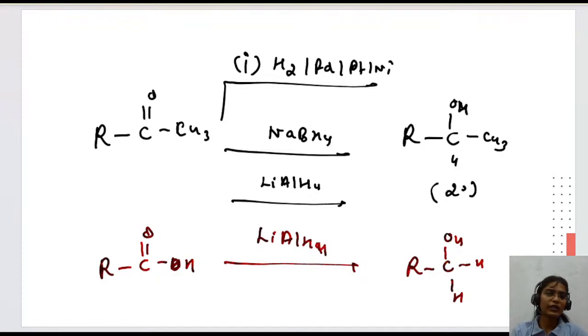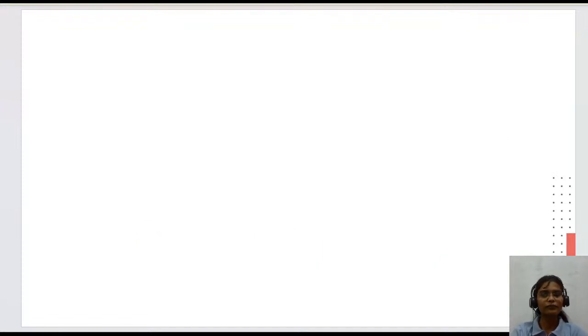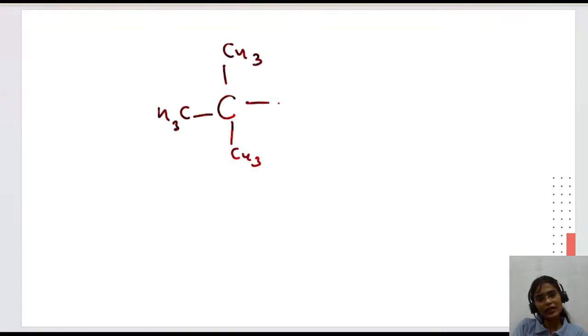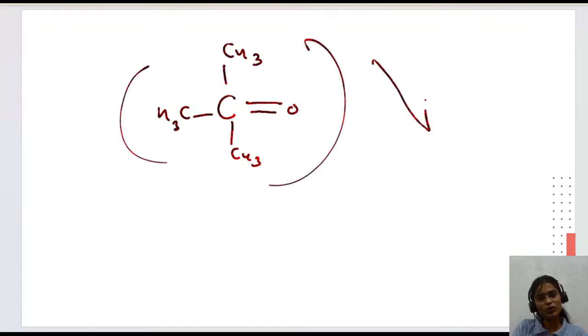Now you ask about ketone. What if it's a tertiary? You will tell me, is it possible? Any ketone, whatever you like. Let me write the carbon: it is a CH3, and it's a CH3. Of course, I can't make a 3-degree ketone. If we use the word ketone, obviously the ketone is just 2 degree.